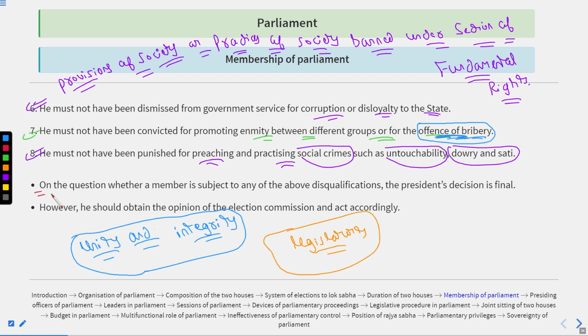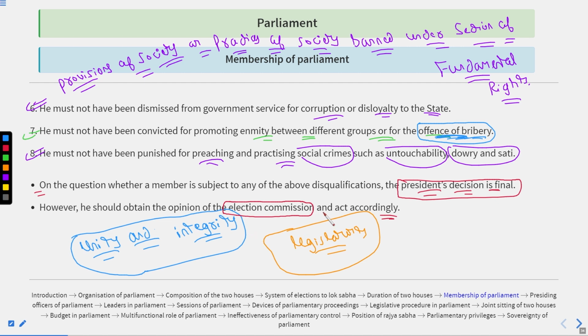On the question whether a member is subject to any of the above disqualifications, it rests with the president, and whatever the president decides will be final. However, he should obtain the opinion of the election commission and act accordingly. It means the president will declare the person disqualified as a member of parliament on these grounds, but he is required to take advice from the Election Commission of India.